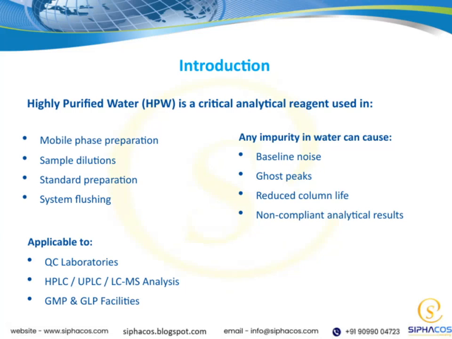Let's talk about why maintaining water purity is so crucial in our analytical processes. Any impurity in water can lead to several issues, such as baseline noise, which can obscure our signals and make interpretation more difficult. It can also cause ghost peaks, those unwanted signals that interfere with our analysis. Additionally, impurities can reduce the lifespan of our columns, leading to more frequent replacements and higher costs.